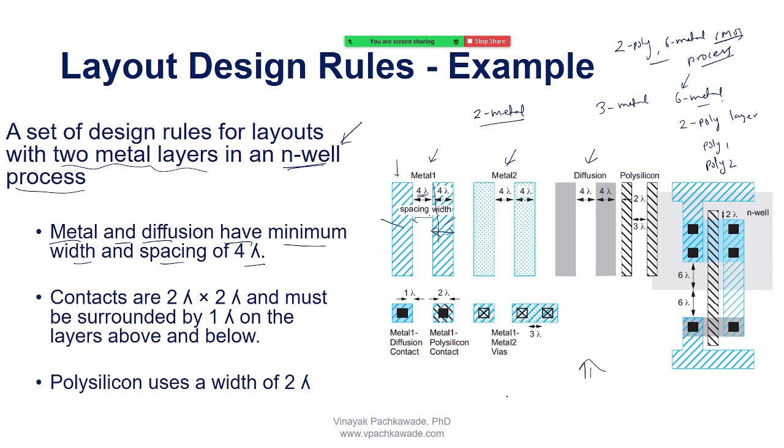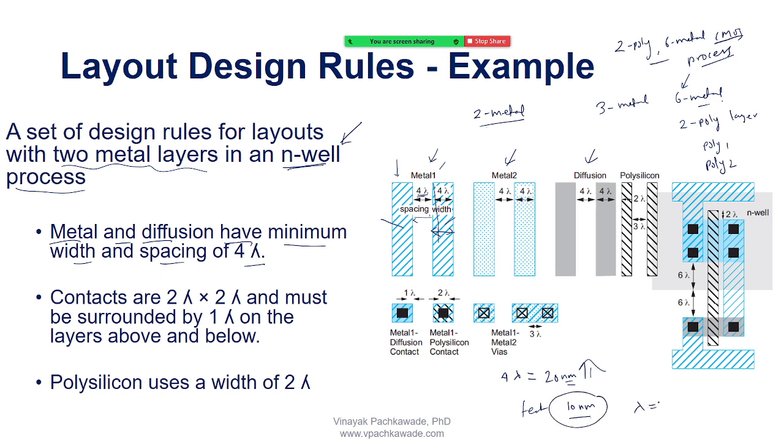So these are the simple rules that the designer will have to obey. Okay, now if I have a minimum width of metal 1 of 4 lambda, and I am using a feature size of 10 nanometer, then what is the actual width of this metal 1? Feature size is 10 nanometer.